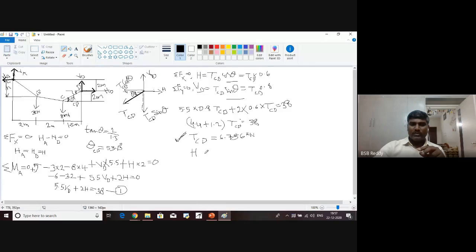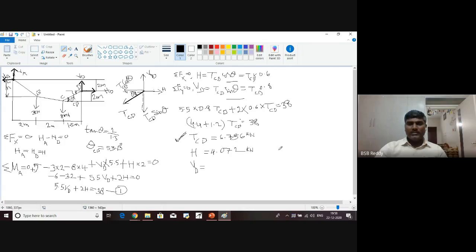So TCD value, now you know the value, so you can get H value. H is equal to 0.6 times TCD. What is the value? So 0.6 times 6.786, 4.072. It is 4.0716. I have made it to 3 decimal places. Round it off. Next, what is the VD value?